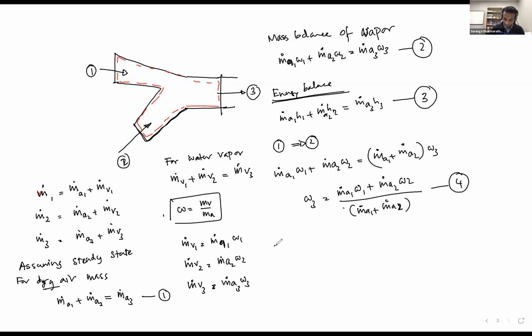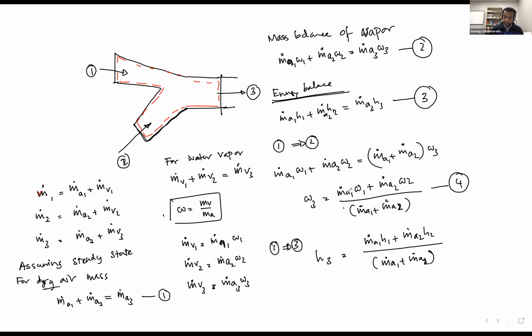And then I can use 1, 2, 3. From that I can find H3 is equal to m dot a1 h1 plus m dot a2 h2 divided by m dot a1 plus m dot a2.